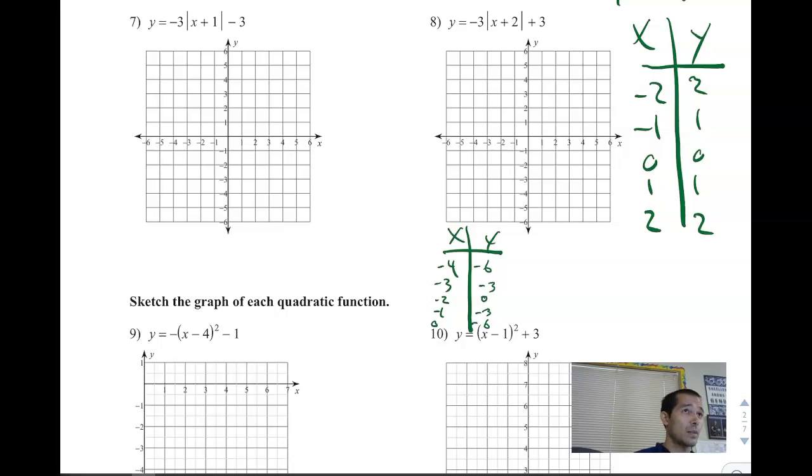So what's the process when you're changing the points? We always want to figure out what's happening left and right first. And so we always focus on the inside. Then we focus on what's multiplied on the outside. And then very lastly, we focus on what's going up and down, okay? So finally, for the last set of points, I'm going to keep all the x values the same because we're trying to move everything up 3 now, right?